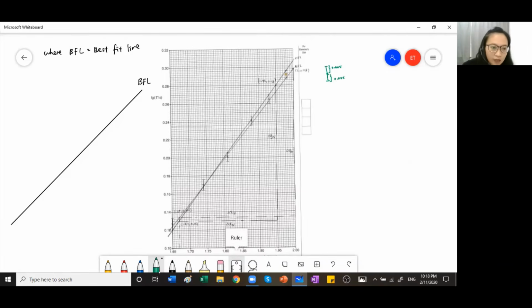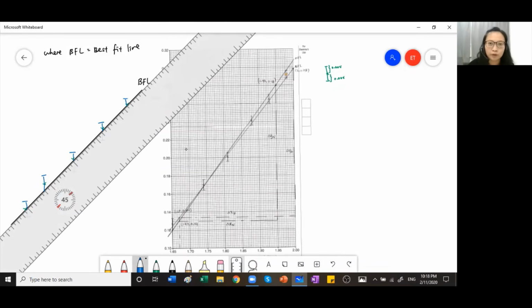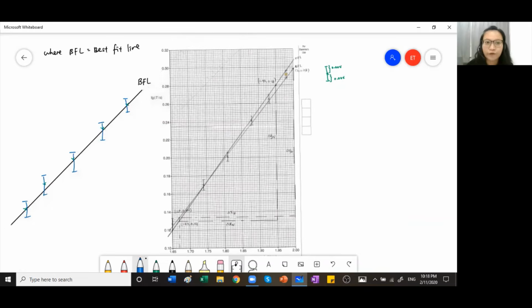Let's say these are all my points, and those are my error bars, for example. Use a ruler if you want to plot a worst fit line.